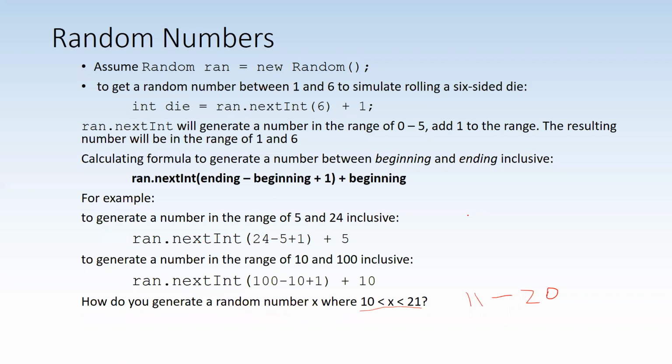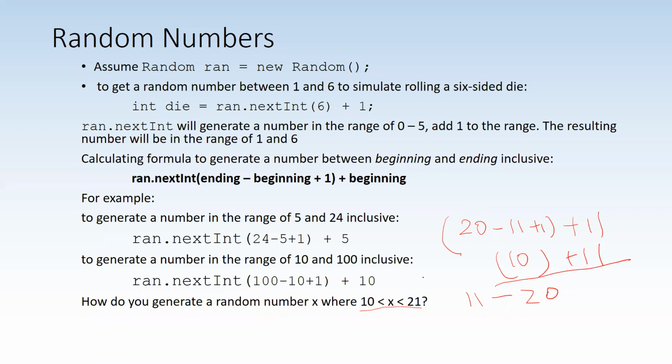Ending minus beginning plus 1. Okay, give me the numbers. Oh, 20 minus 11 plus 1. Okay, plus 1. That would be the seed value. And then you'd add 11. Yes, so this will give you 9 plus 1. That gives you 10, right? Plus 11. So let's look at this.